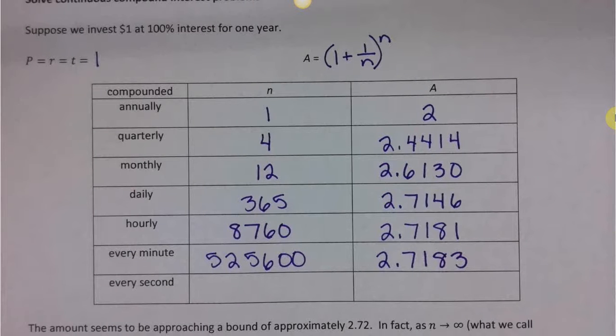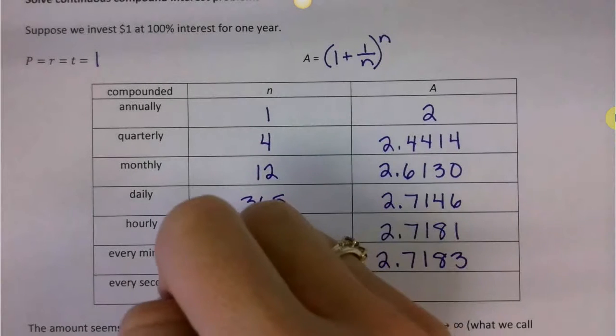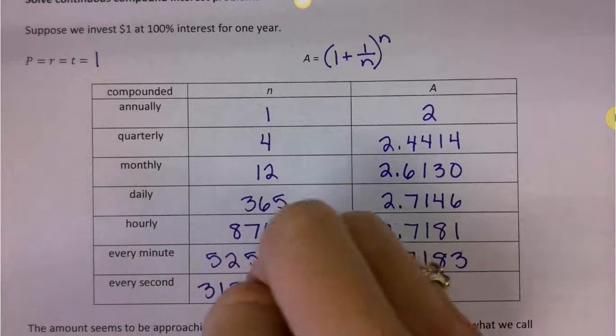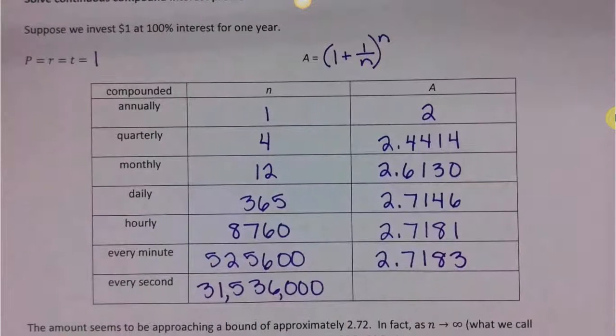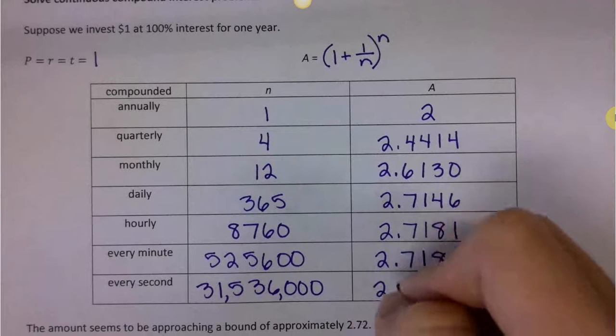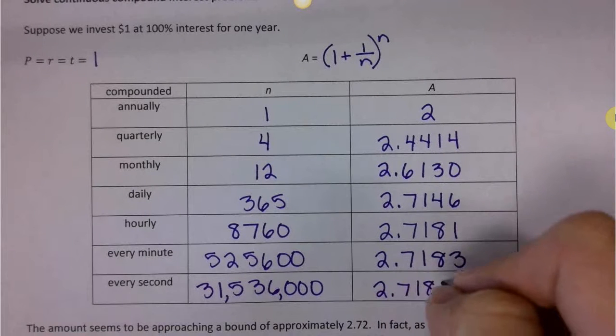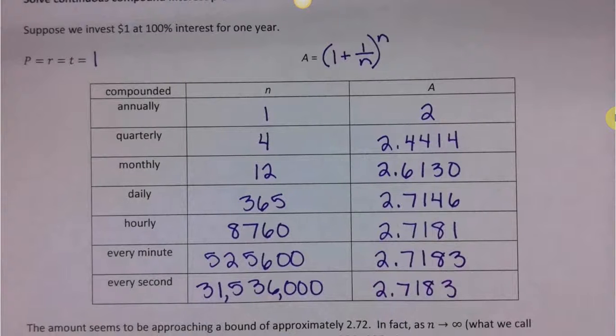So when we take the 525,600 and multiply it by 60, since there's 60 seconds in a minute, we get 31,536,000. So that's how many times the interest would be compounded per year. And then plugging that into the formula in place of N, gives us approximately 2.7183 again for A.